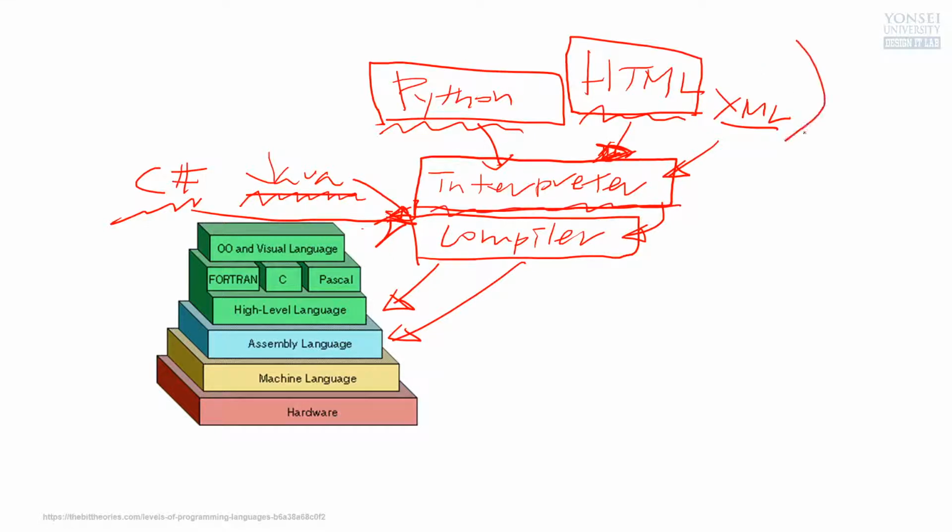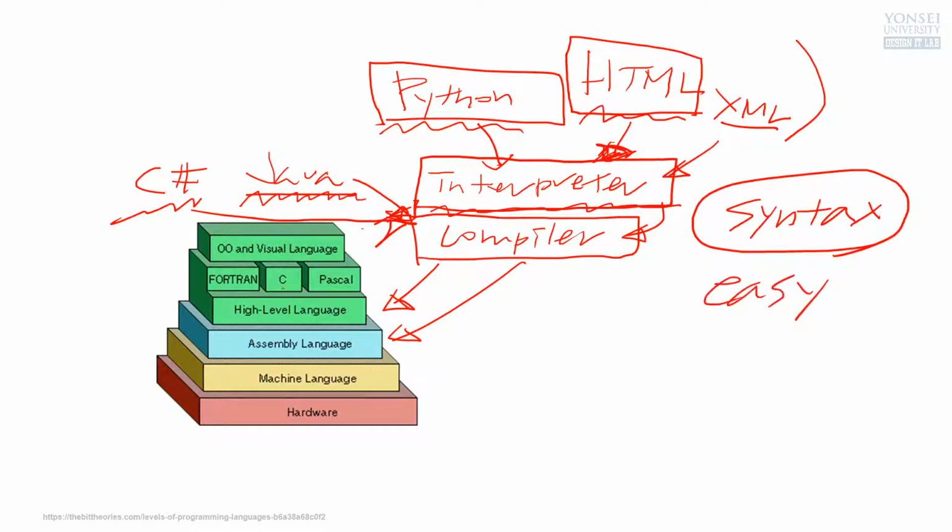These are very, very high level languages. I recommend you learn and use this kind of high level, interpreted language, because they are very easy to learn. Learning a language simply means learning syntax, and the syntax here is very easy compared to languages like Java or C#.